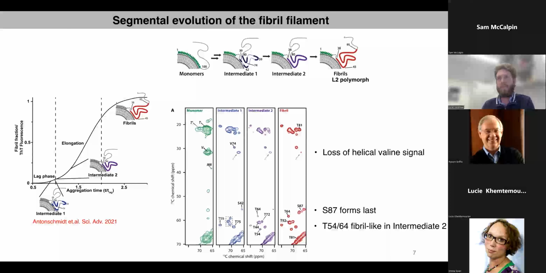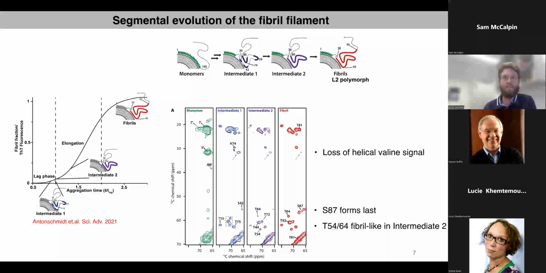Then looking in more detail at the segmental folding which occurs during this process, we see for the general case there's a loss of helical valence signals, which are overlapped in monomer, shown here in green in the first panel. These disappear, indicating that the helix bound to the membrane is lost and has gone into other structures. We see valence 74 show up quite early in intermediate 1.